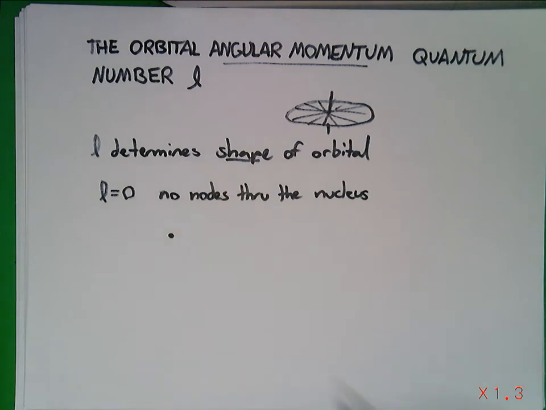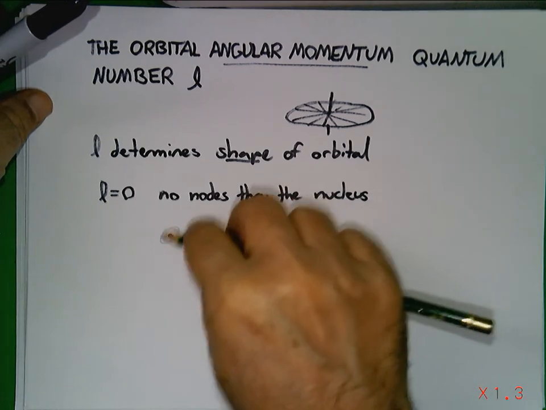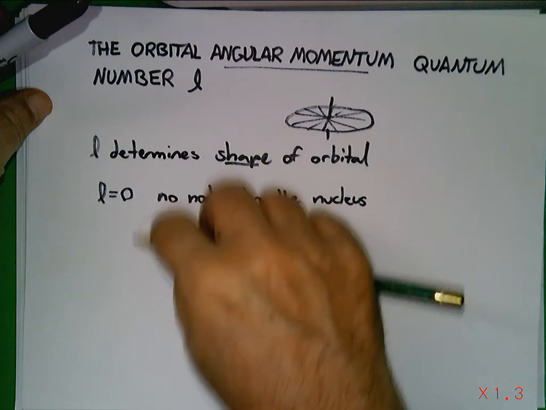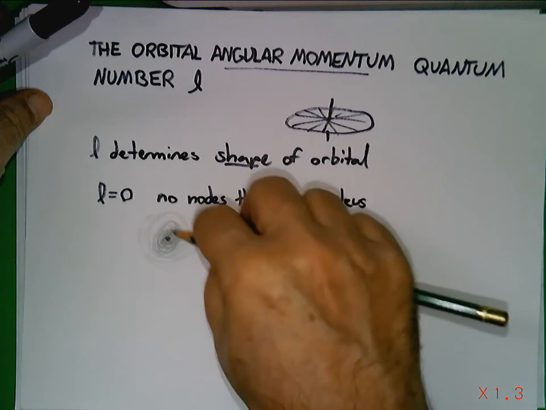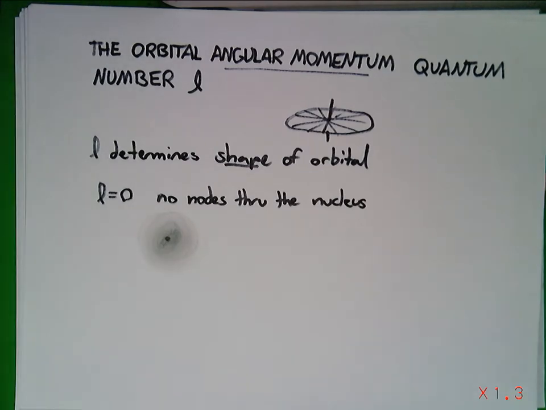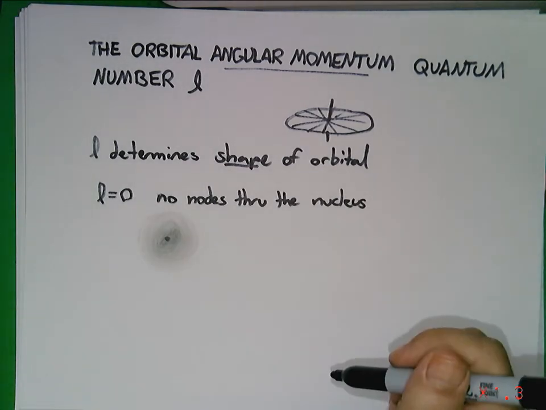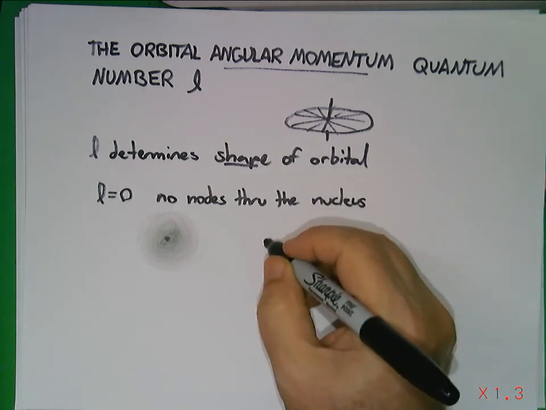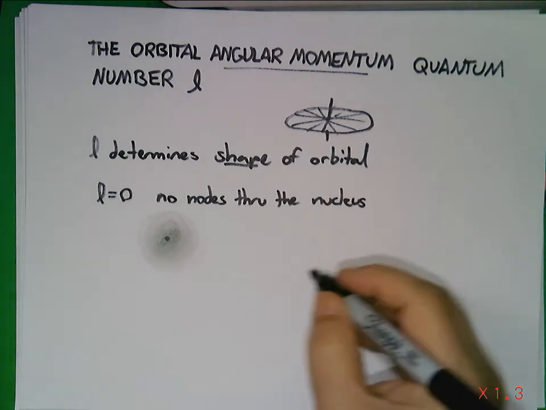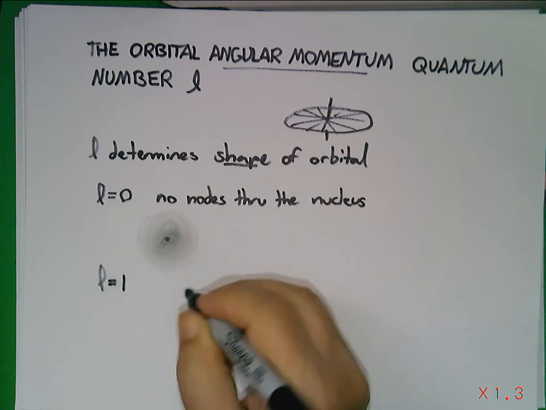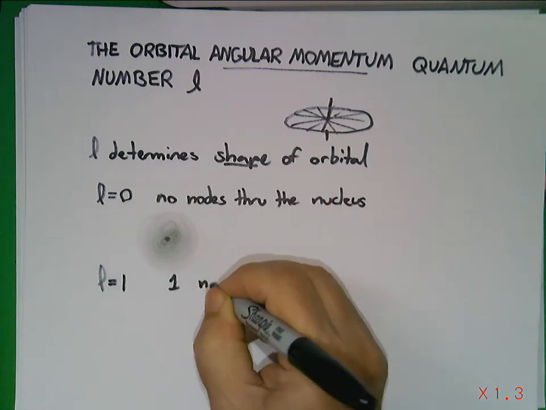If you've got your nucleus here, and you've got your cloud around the nucleus, and it kind of thins out the farther you get away from the nucleus, this would be an example of a wave with L equals 0. Now, what happens when you have L equals 1? There's one node through the nucleus.